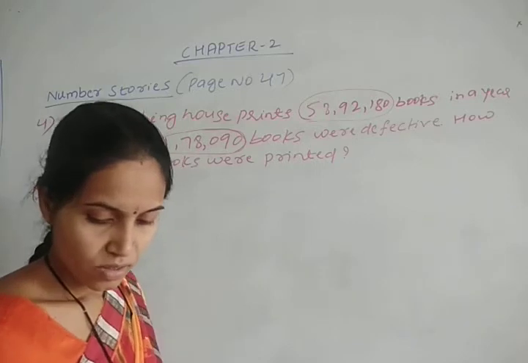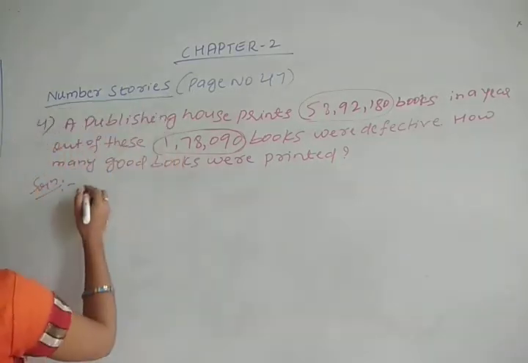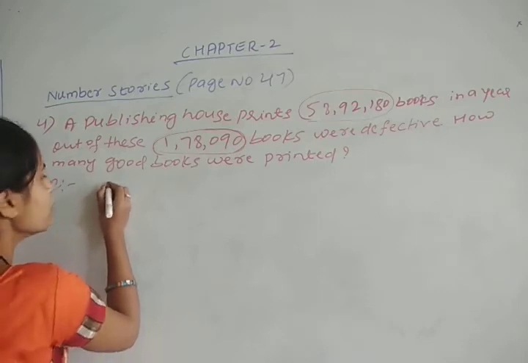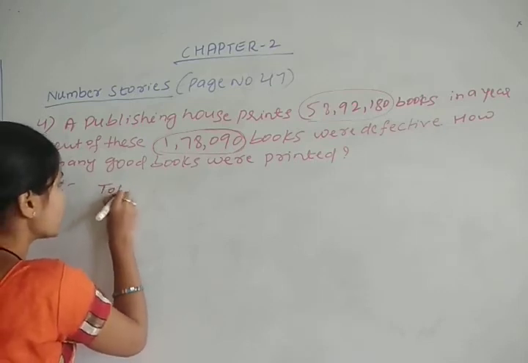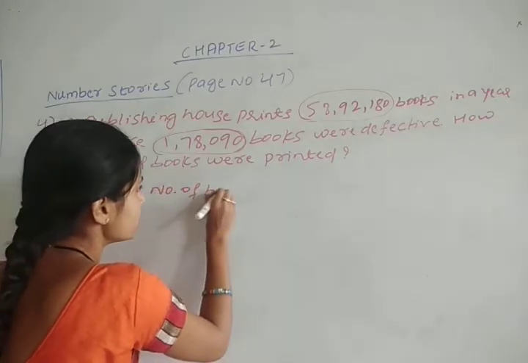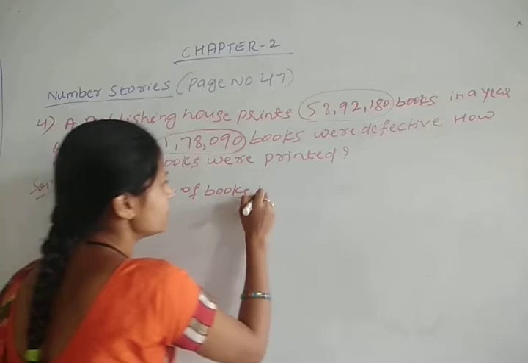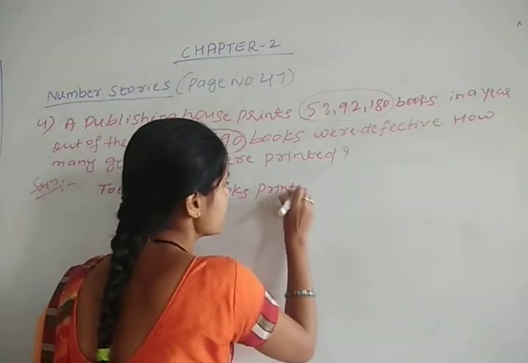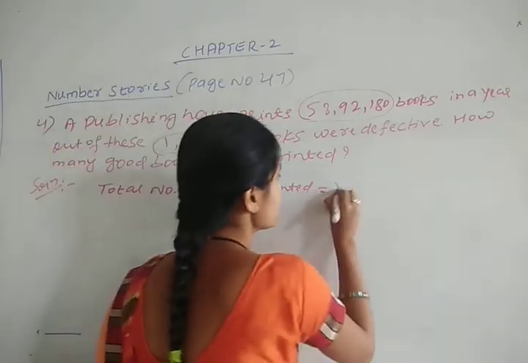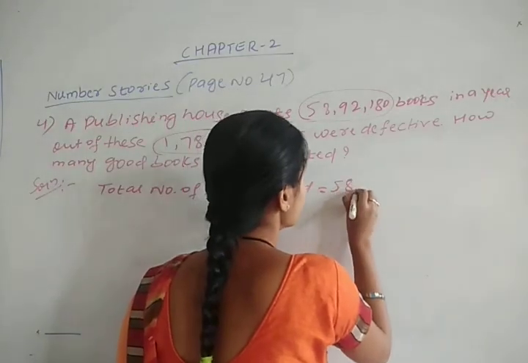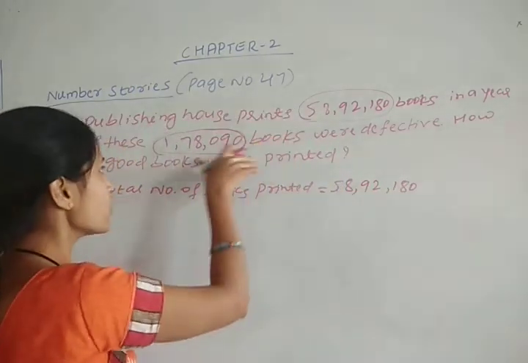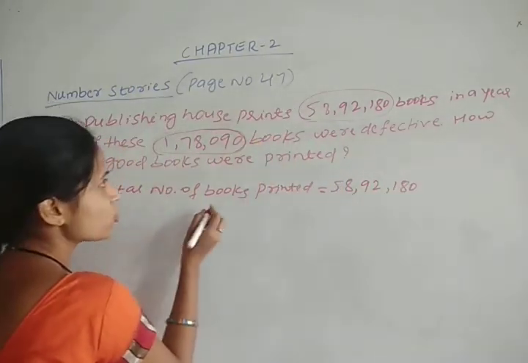Now I will write: total number of books printed is how much? It is 58,92,180. Among them the defective books are how much?